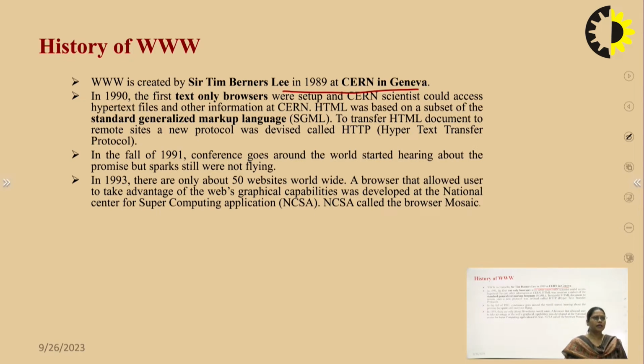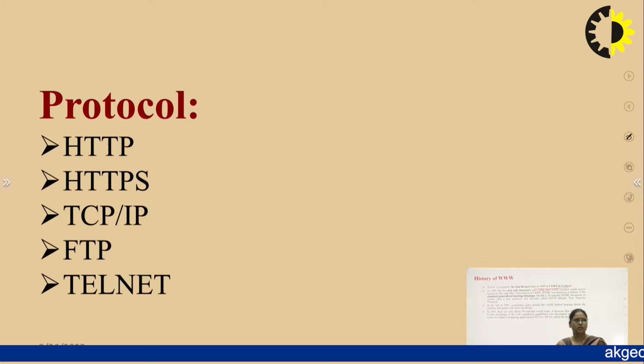In 1990, the first text-only browsers were set up at CERN for scientists, and in the fall of 1991 some conferences around the world started hearing about this promise, and in 1993 there were only 50 websites. But if we compare it to today's environment, today there are millions or billions of websites available through which we can access information.